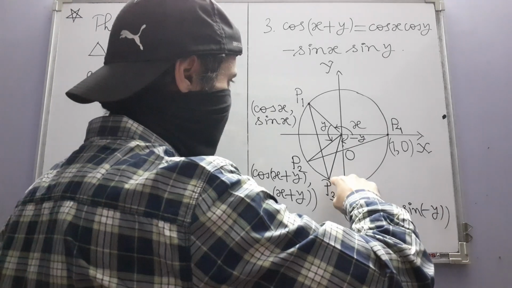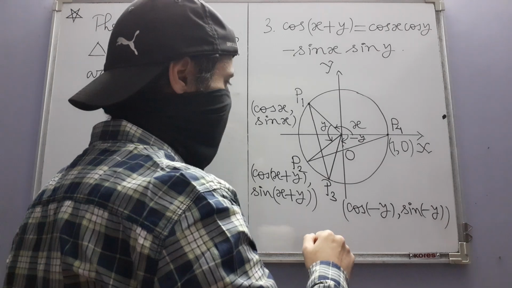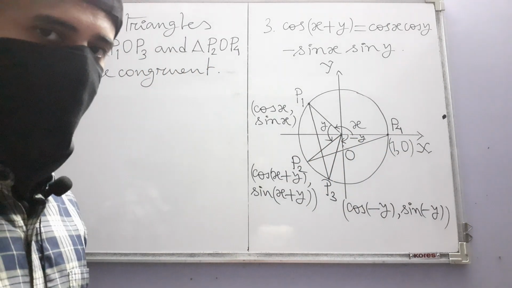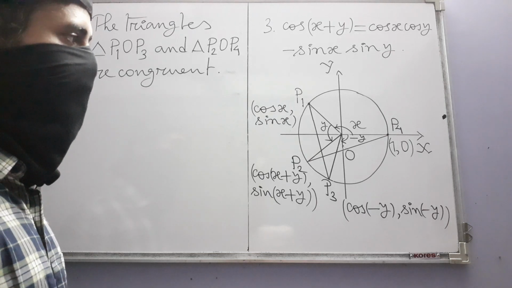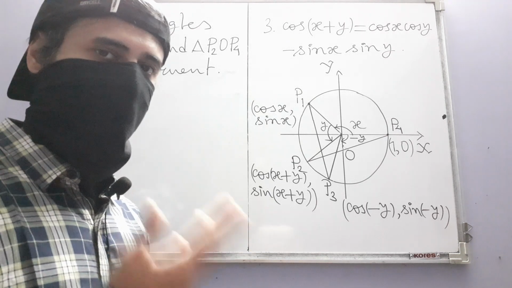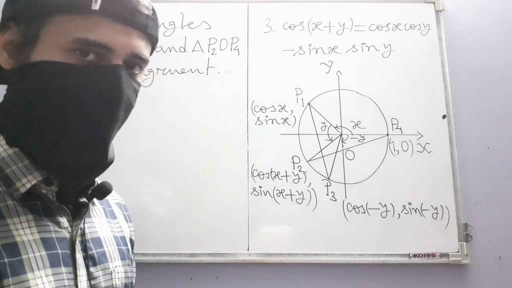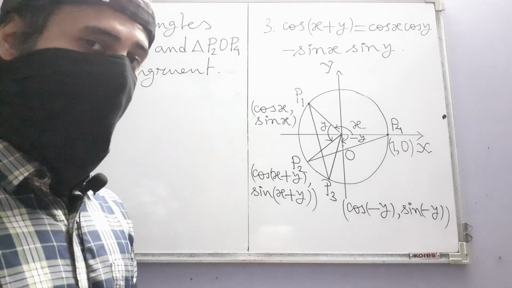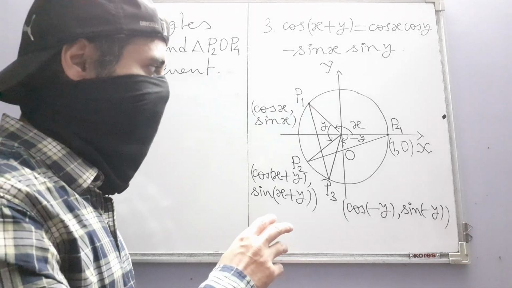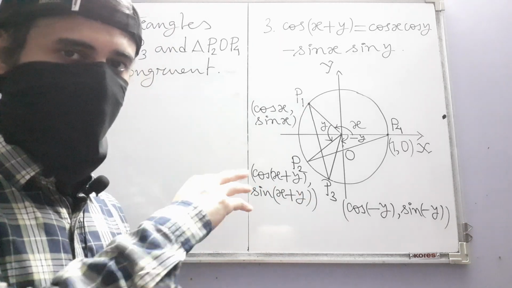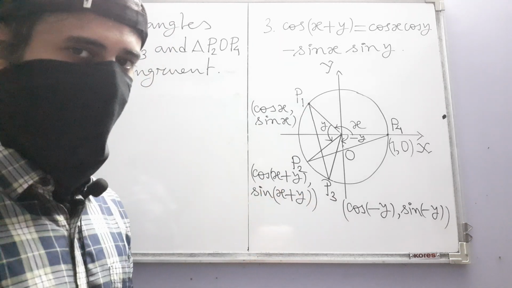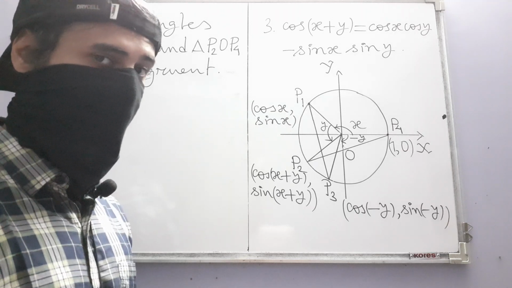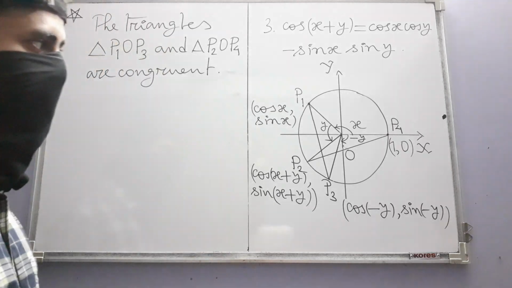Similarly, P3O has the same length as P4O, and that length is also 1. So we have found pairs of sides which are of equal length from the triangles. Now, if we can find a pair of angles in the triangles which are also equal in magnitude, then by the side-angle-side theorem, the triangles will be congruent.